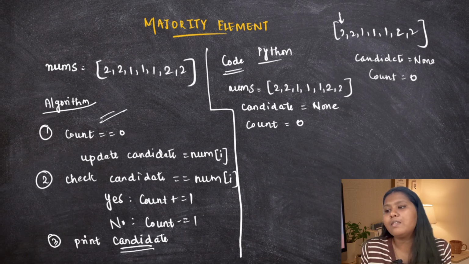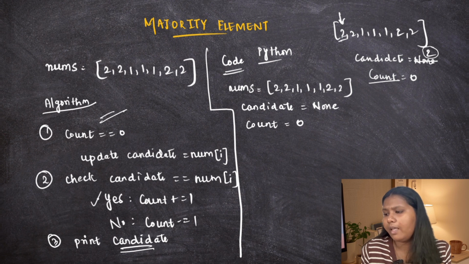So start traversing the array from the beginning. Now check the value of count. First step, check count. Count is equal to 0. Yes. Then update the candidate with the current number we are traversing. We are traversing 2 currently. So update the candidate to 2 now. Then if the candidate and the current number are equal, then increment the value of count by 1.